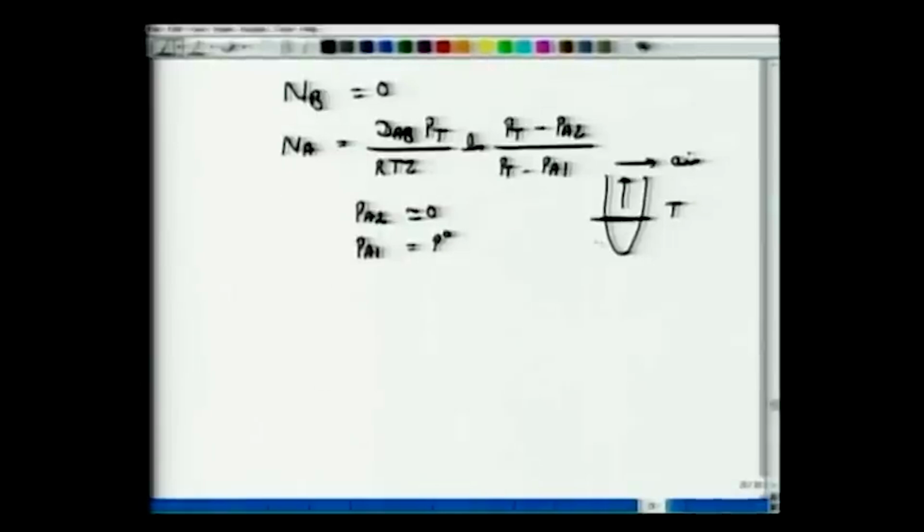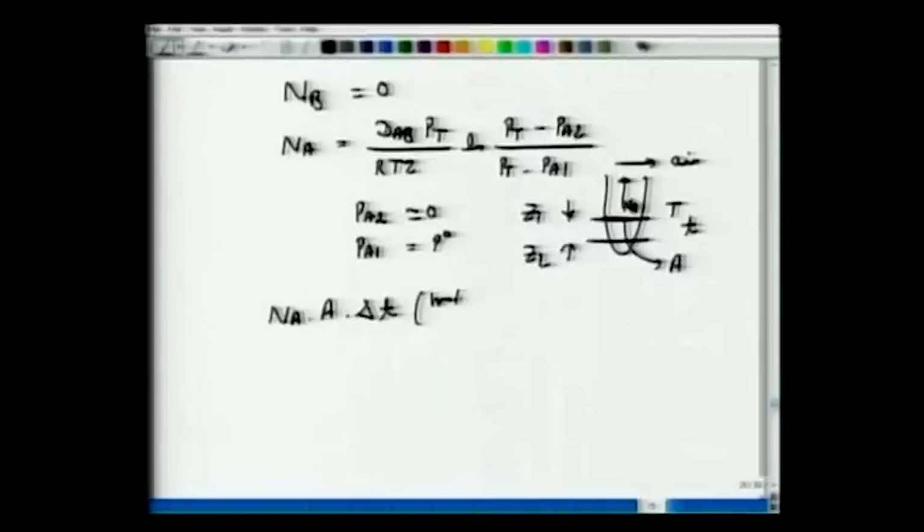So let's assume that the level decreases from Z1 to Z2 over a time period of T. Okay, so if Na is the diffusion flux of A, into the cross-sectional area, into del T, this will become your moles.